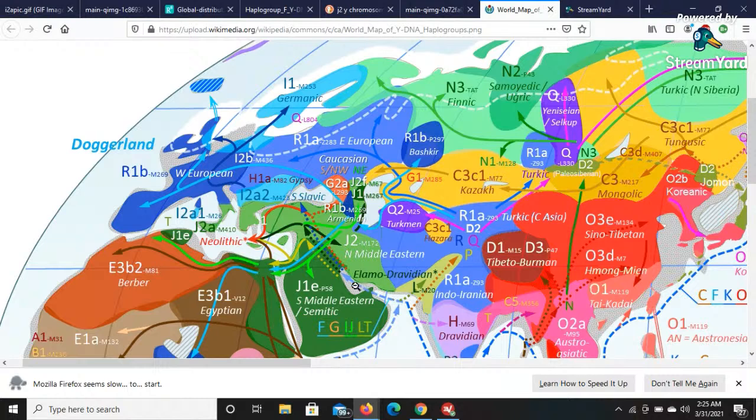And since we have Elamo-Dravidian here, the Dravidian and the Elamites, that would mean that the Elamites are H, and by default the Arameans are, well, Armenians.